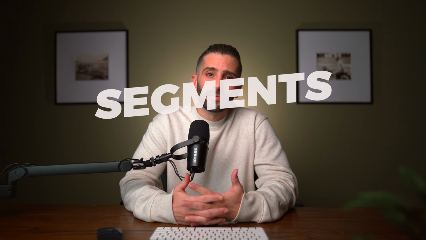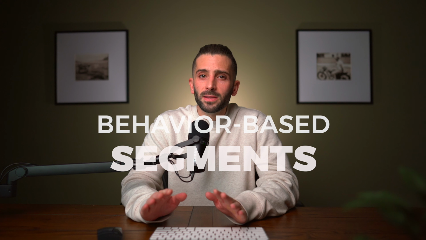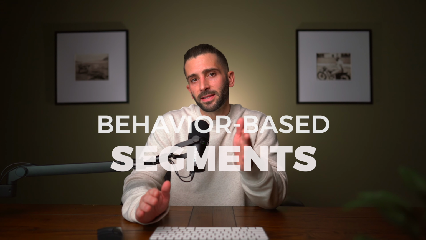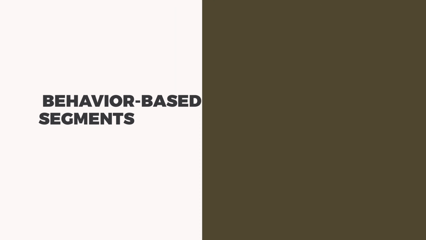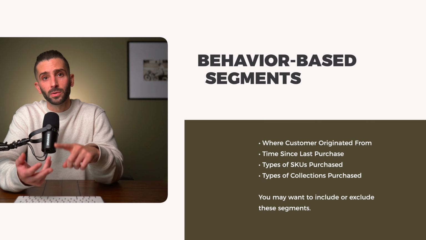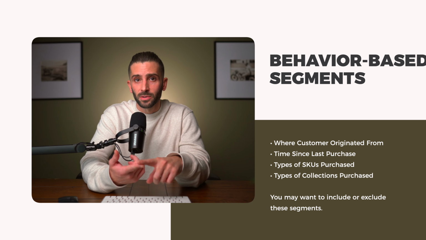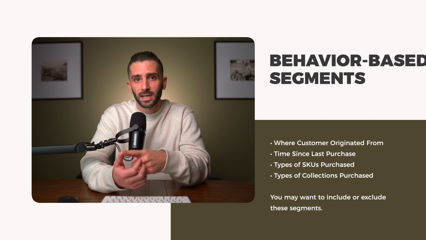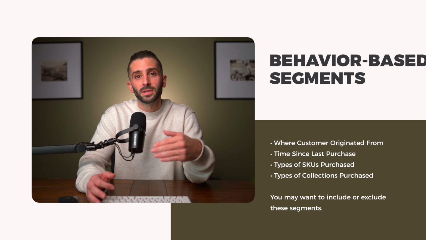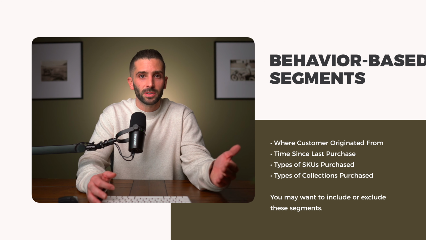Next is our behavior-based segments. And all this is segments that are based on certain behaviors or lack of behaviors that consumers have taken on your website. So this can include where they came in. Maybe they came in through Google, through email, through an ambassador program, through social media advertising, but it also can include the amount of time since their last purchase.